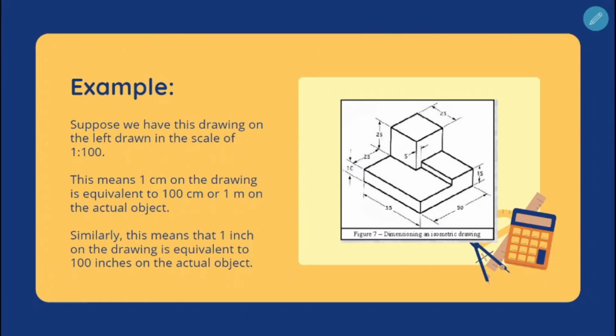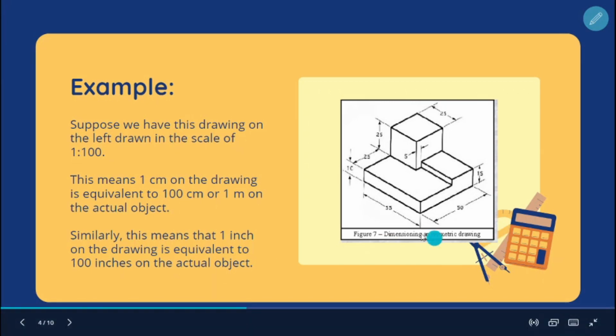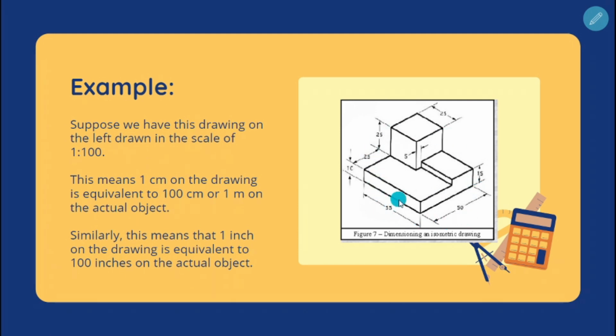We have an example here, class. On the right, you will see a drawing. We will draw this one later on. Suppose this drawing is drawn in the scale of 1:100. This means that 1 centimeter on the drawing is equivalent to 100 centimeters or 1 meter on the actual object.